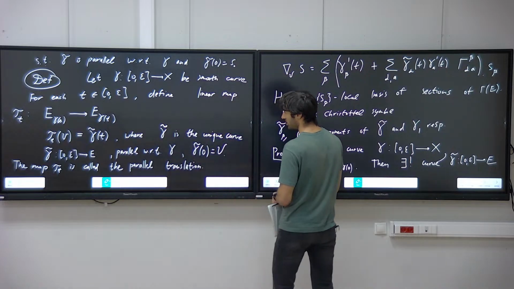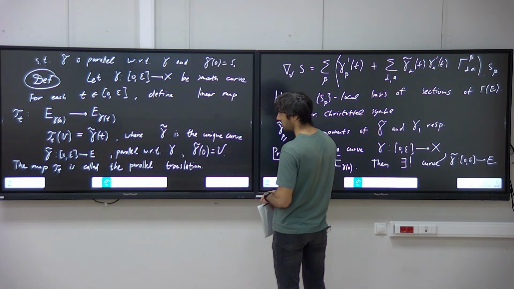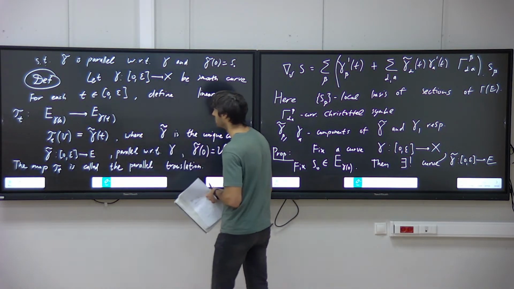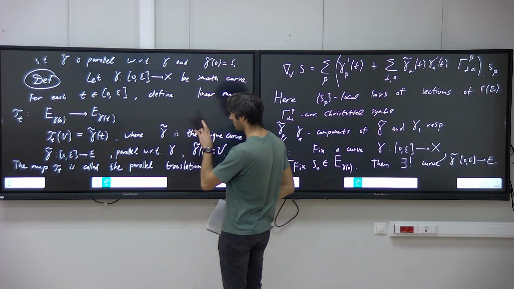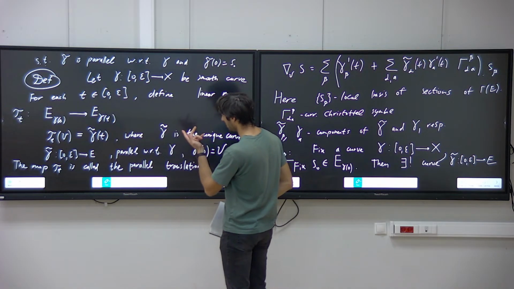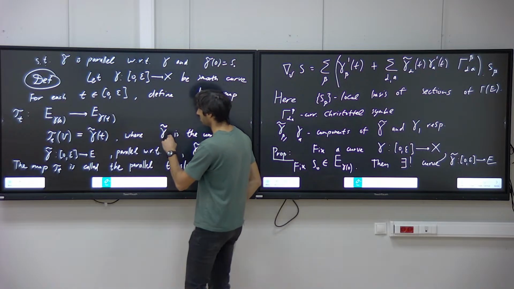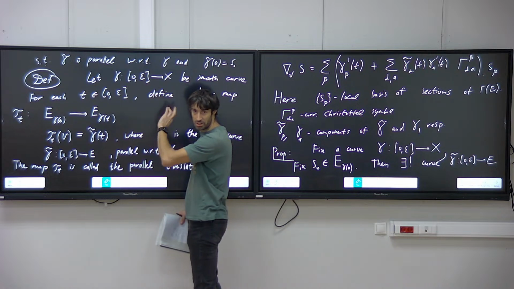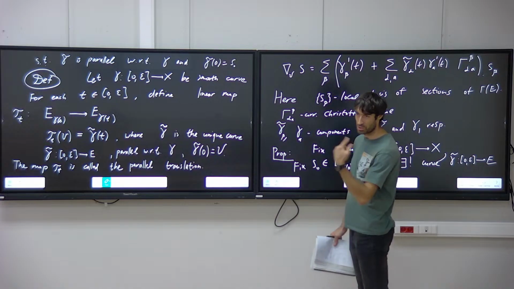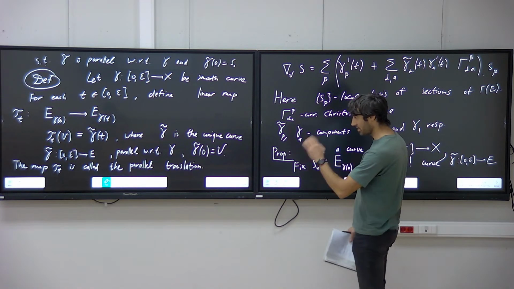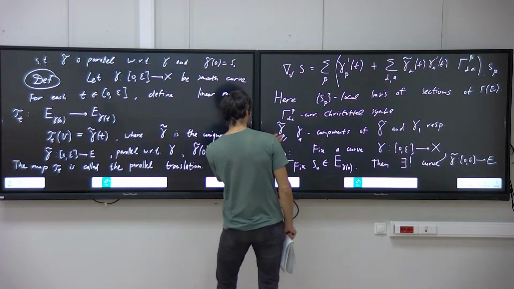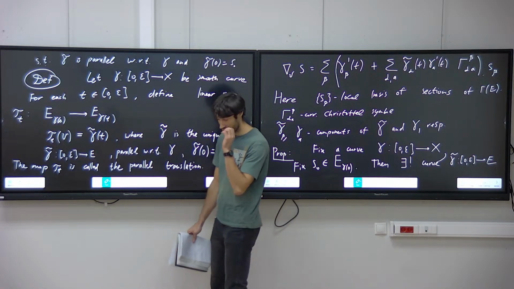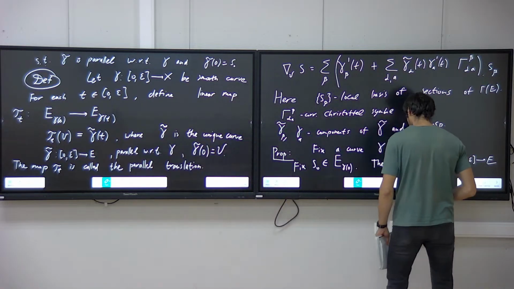This map is invertible because I can take this gamma and change variable such that t of 0 is epsilon and t of epsilon is 0, right? Just change the direction of the curve, and then apply the same definition. Because of the uniqueness in our previous proposition, this will be the inverse of this map, right? So this is actually a linear isomorphism.